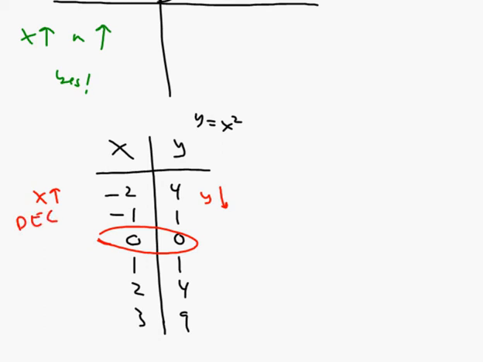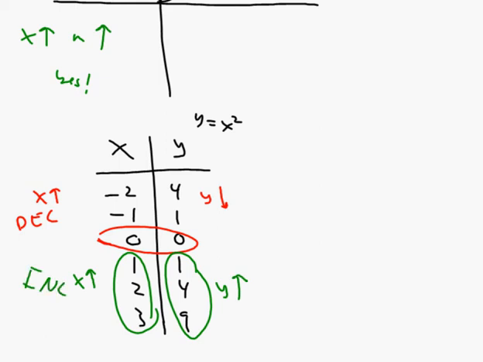And then for these values on the bottom here, we notice x is going up as y is going up. So the function is also increasing for certain domains. But what about slope? That's what we're going to look at now. We're going to look at slope to see about concavity. Ready? Let's do that. Okay?